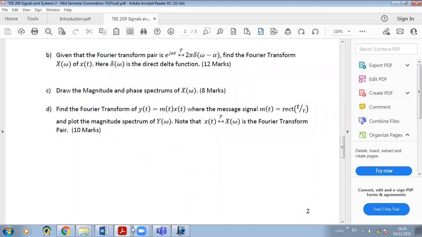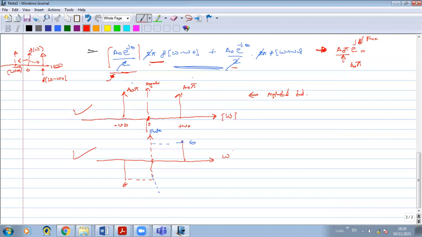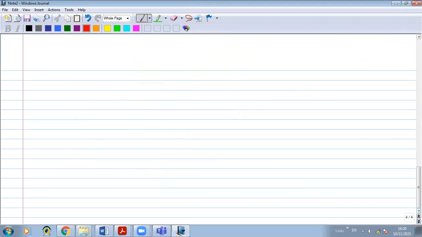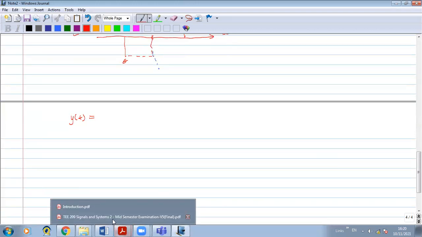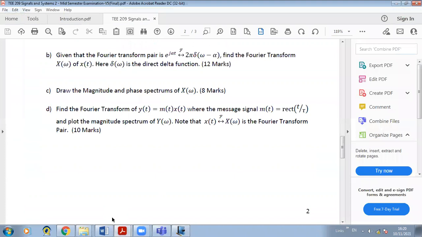We have the signal y(t) is equal to... actually, this one also we have done. As I can remember, this is not done.